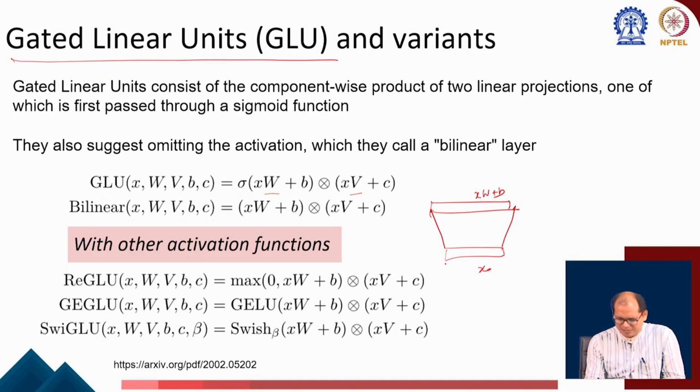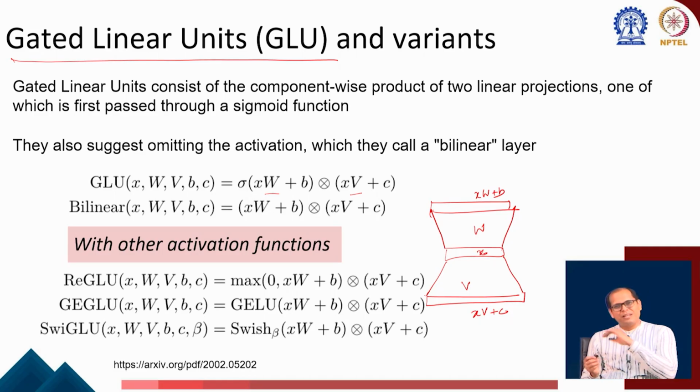I am writing it like this for easy visualization: X V plus C. So you have two matrices again, W and V. Now what you will do is take the element wise product of them.